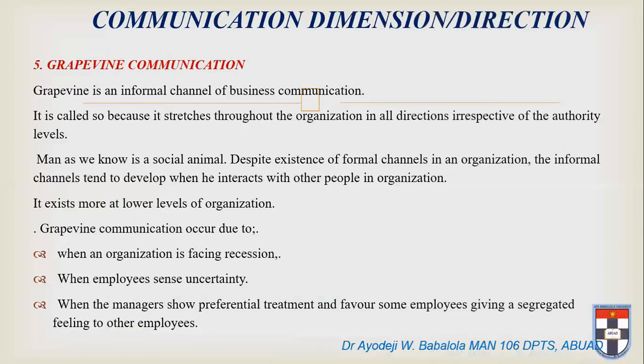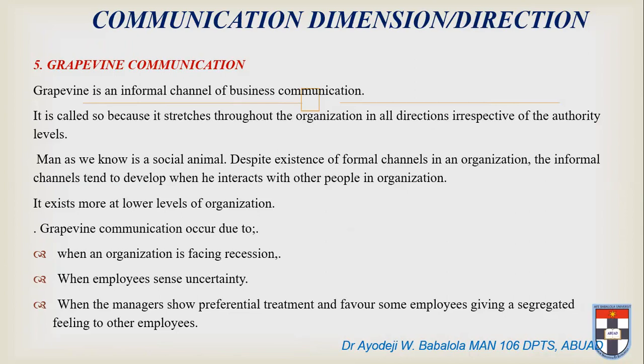The fifth type of communication dimension is grapevine communication. This refers to the informal channel of business communication. Why do we call it grapevine? Because it stretches throughout the organization in all directions, irrespective of the authority levels. For instance, a vice president may have a bosom friend, maybe a childhood friend, who is a factory worker, and will give him information.